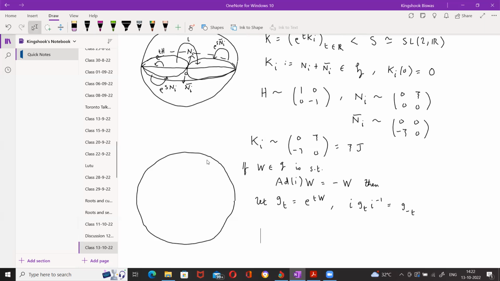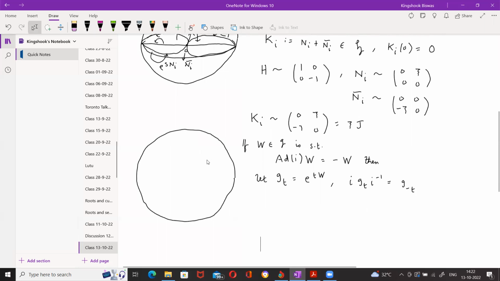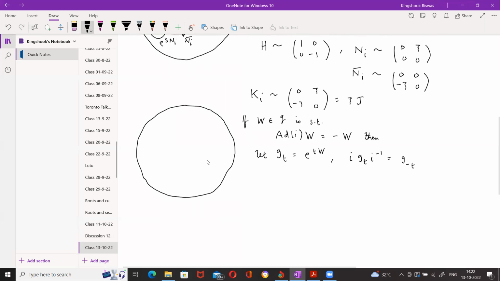This group of isometries uses a very general classification of isometries for what are called CAT(minus 1) spaces.